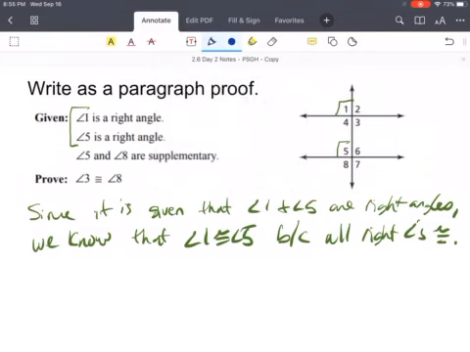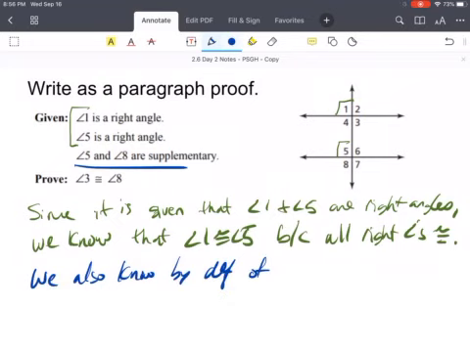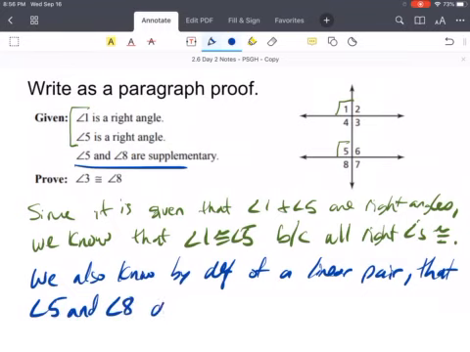So now I've said something about 1 and 5. I'm then going to look at 5 and 8. I don't even need the fact that they are supplementary because I could also just look at that from the diagram. So we also know by definition of a linear pair, which I'm taking from the diagram, that angle 5 and angle 8 are supplementary.